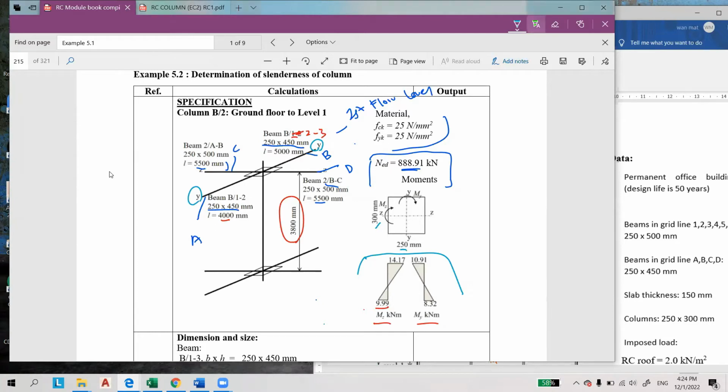Okay, sorry, this one is z. So the column here is z is here. This is 300, this side is 300, and this side is 250.